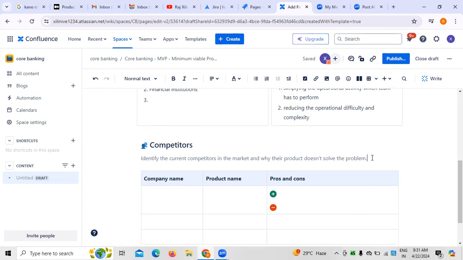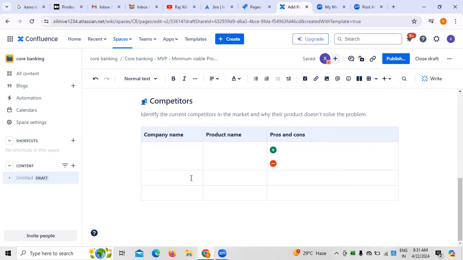Let's say we are developing core banking as a product and targeting the domestic market. Who are the domestic players providing core banking, and what is the name of their product?